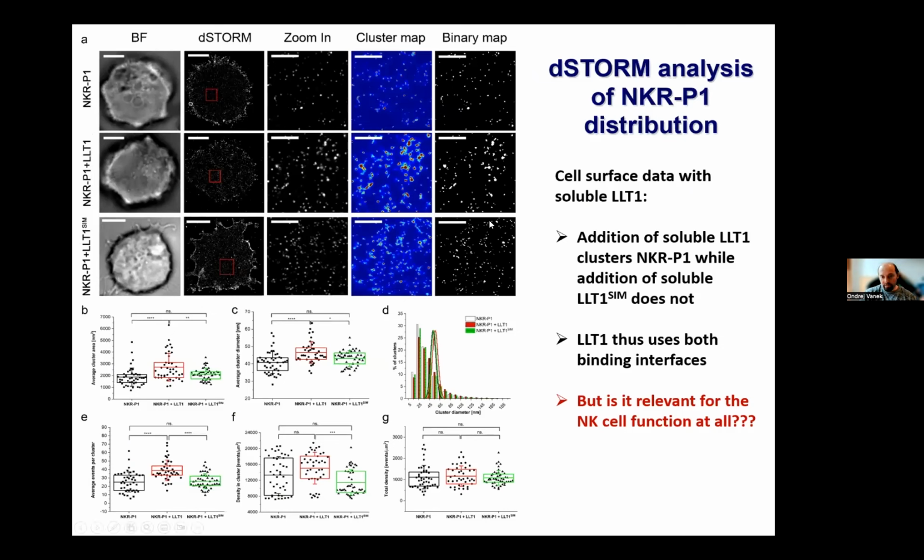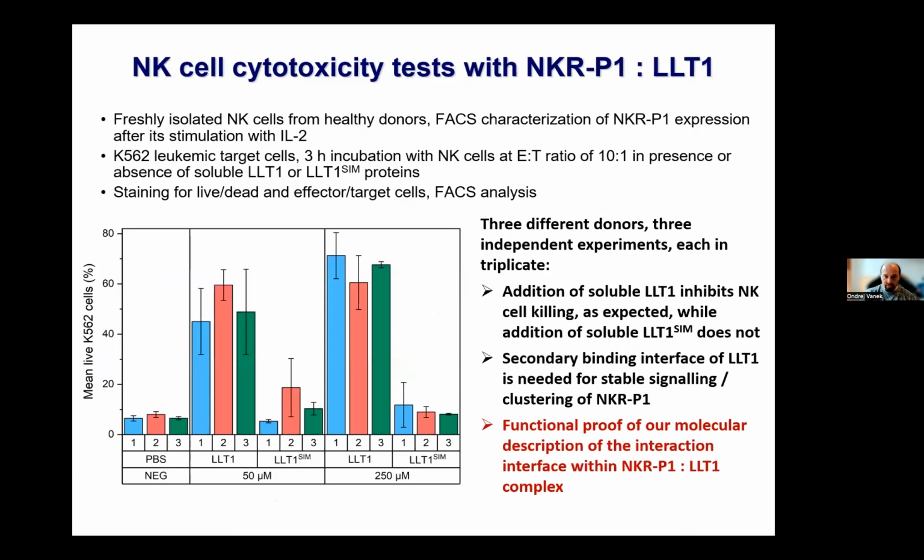And we monitored the changes in clustering parameters, and based on these data, we can confirm that there are statistically significant differences in cluster size for NKRP1 when LLT1 is present, but not when the secondary interface mutant is present. So this basically confirmed that these higher order complexes are also present on the cell surface.